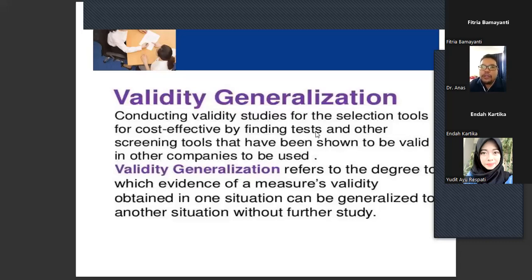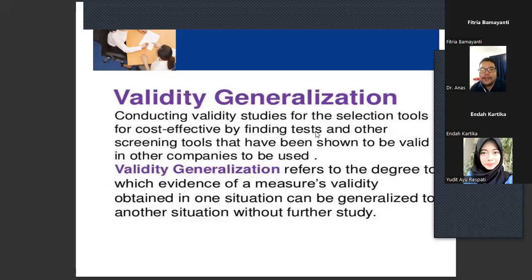So validity generalization refers to the degree to which evidence of validity obtained in one situation can be generalized to another situation without further studies.